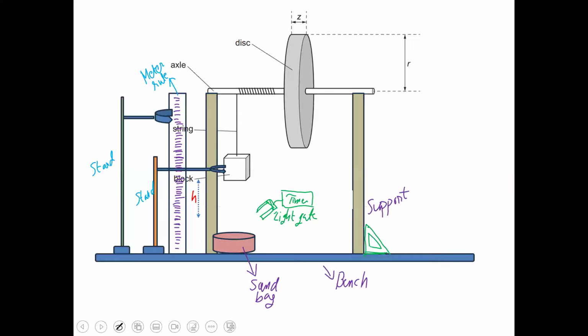Next bullet: use h as large as possible. Use the same disc every time. This is another accuracy precaution.